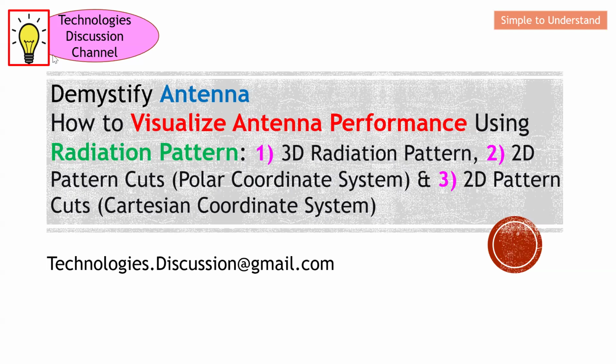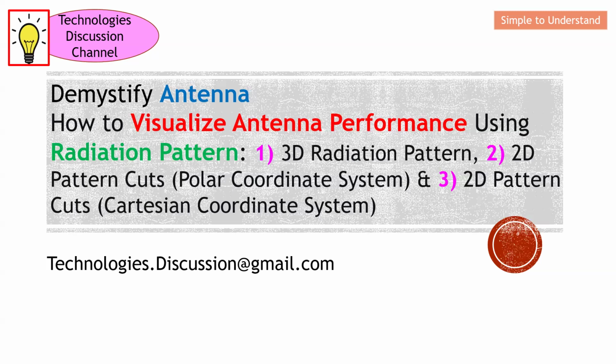For this video, I'd like to continue the discussion on antenna design. I'm going to share with you how we can visualize the antenna performance using two different types of radiation pattern. The first one will be the 3D radiation pattern. From this 3D configuration of antenna performance, we can probably extract very little information.